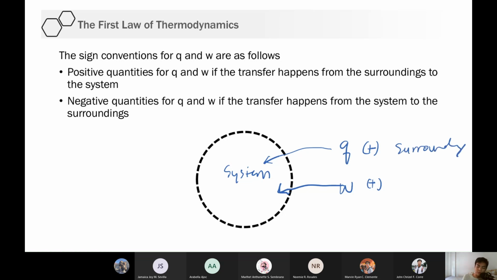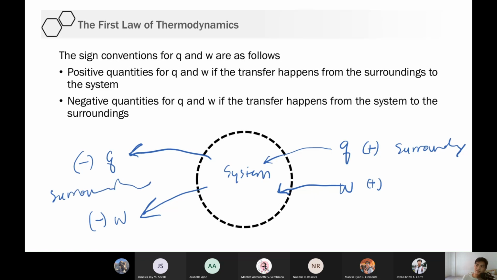And when the system releases heat and work, the sign is negative. That's the surroundings. Okay? So anything you put into the system is positive in value. Anything you take out of the system is negative in value.